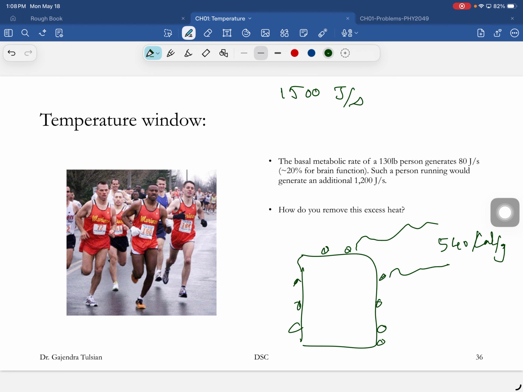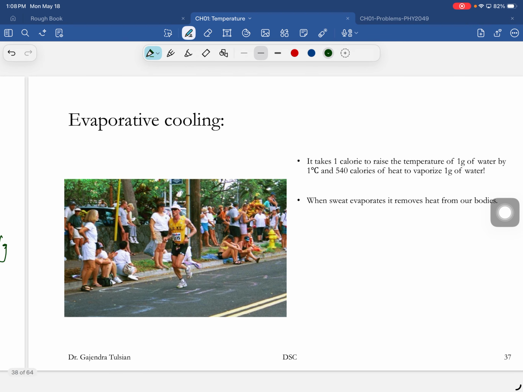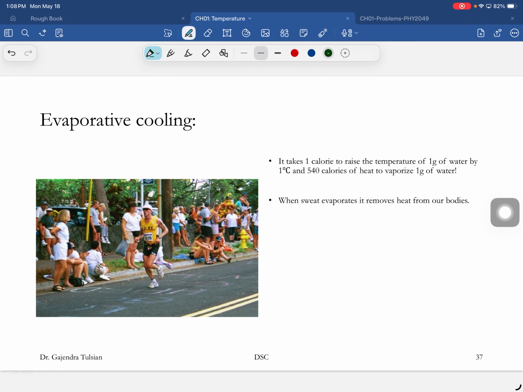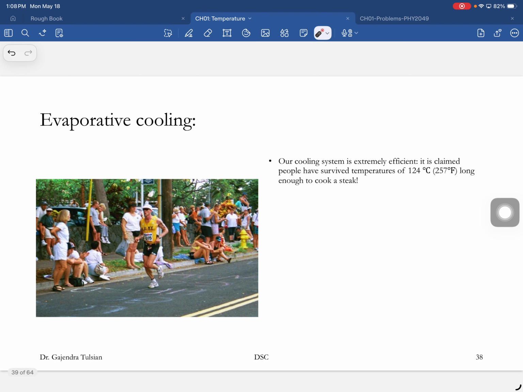So when you have two objects at different temperatures, what happens? Heat flows from the hotter object to the colder object. So hot, cold, heat will flow from here to there. And there are three mechanisms by which heat can flow: conduction, convection, and radiation.